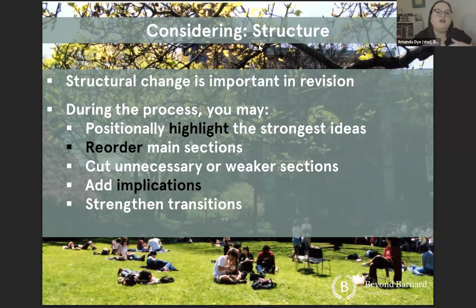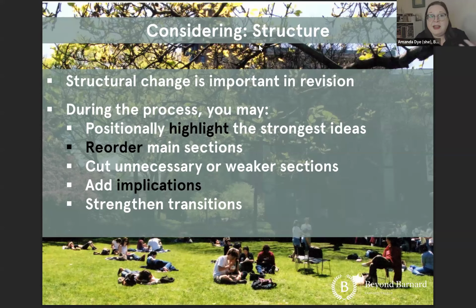You're starting the essay or starting paragraphs with particular sentiments that you think are going to be really engaging for the reader. It may mean reordering some of your main sections, and that, I'll come back to this later, might also mean that you're not telling a story, or presenting ideas, in chronological order as they happen to you.